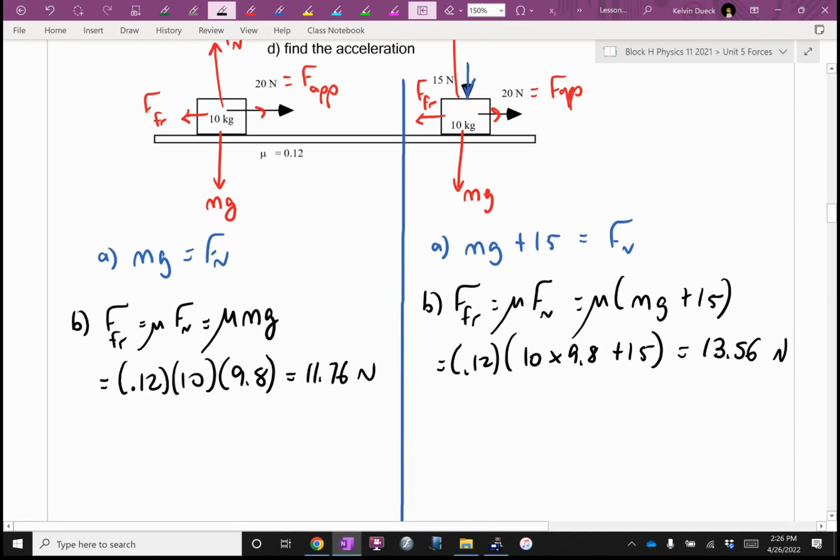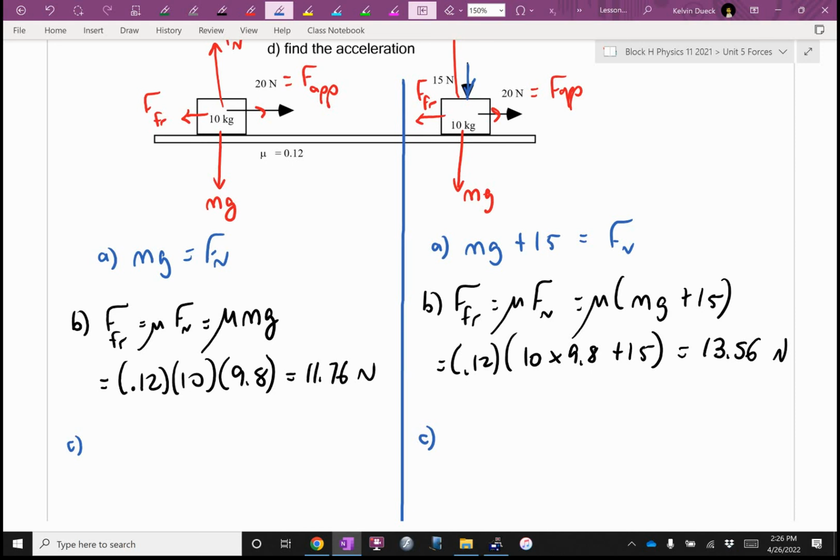Fahim, what does C want me to do? What that's really saying is winner minus loser equals MA. In the first situation, who's winning? Which way is that box probably accelerating? To the right. Which force is pointing to the right?